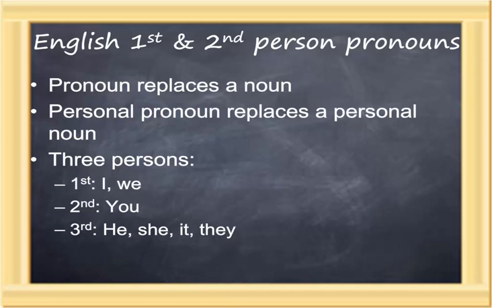The second person, the person spoken to, you. And the third person, the person spoken about, he, she, it, or they. In this lesson, we'll focus on the first and second person pronouns only. We'll take up the third person pronoun in a later lesson.